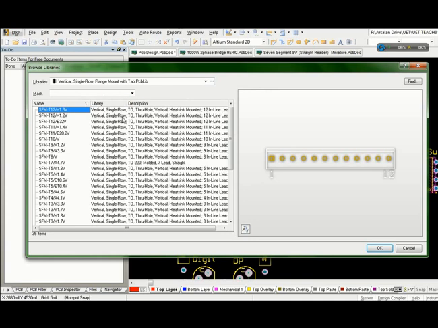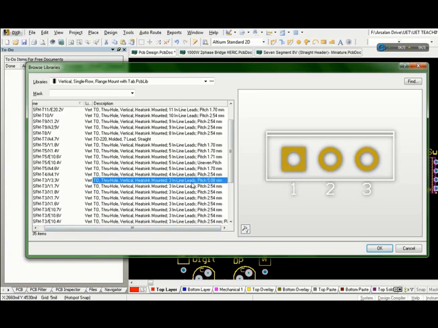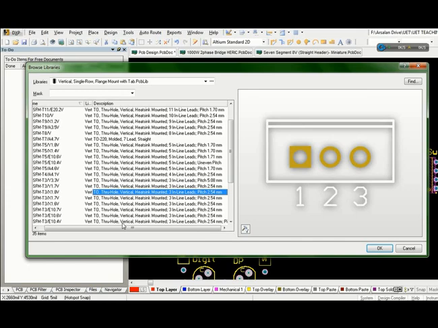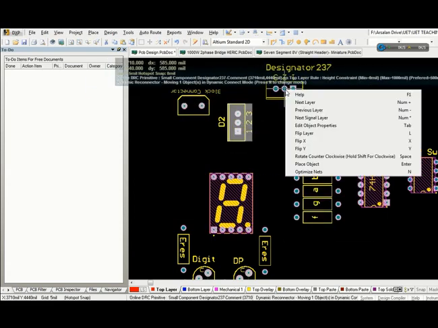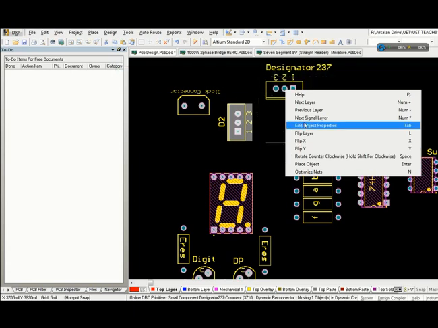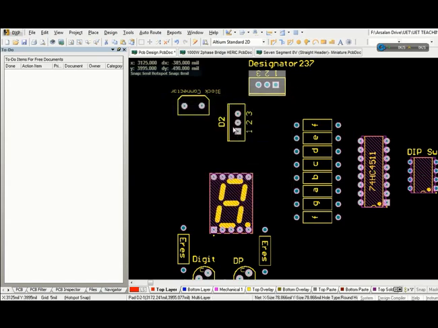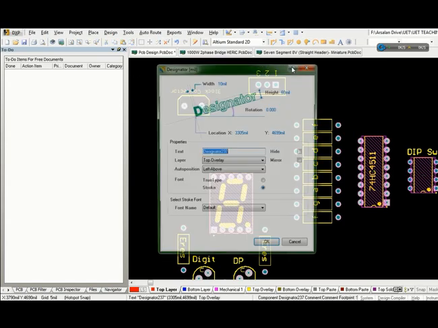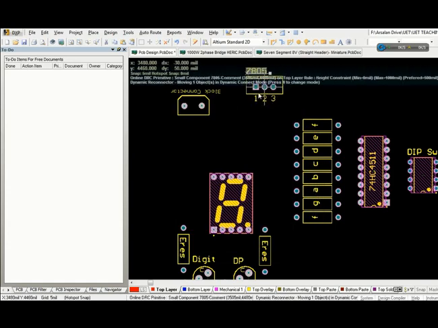I will share this library. You can see now it's actually a transistor TO220 packaging. So I'm just going to call it 7805 regulator.